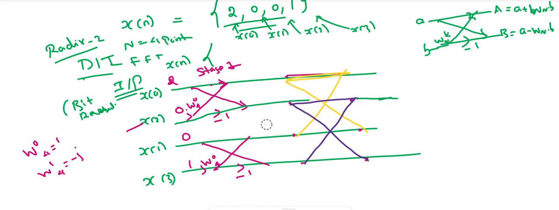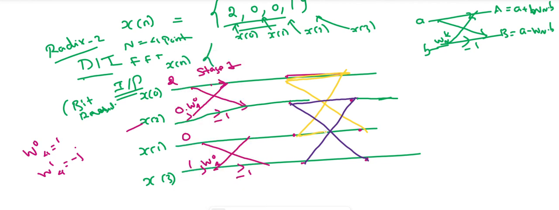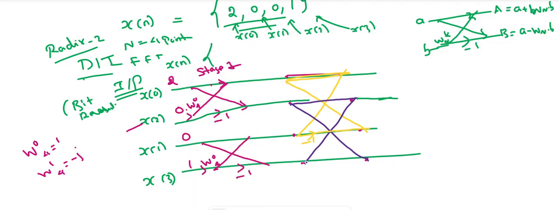For this butterfly, the lower wing is minus 1. Similarly for the other butterfly, the lower wing is minus 1.